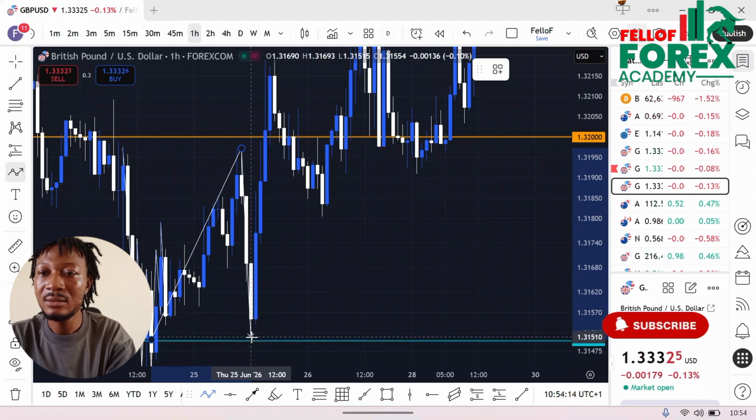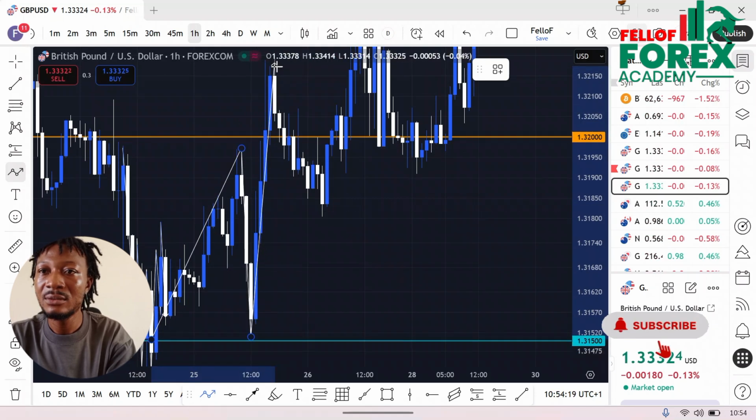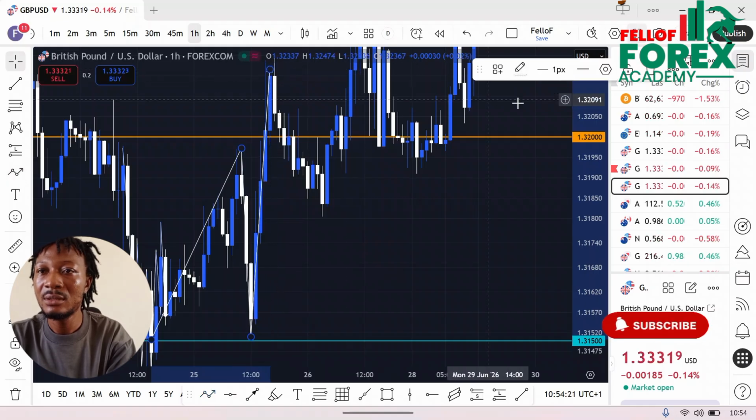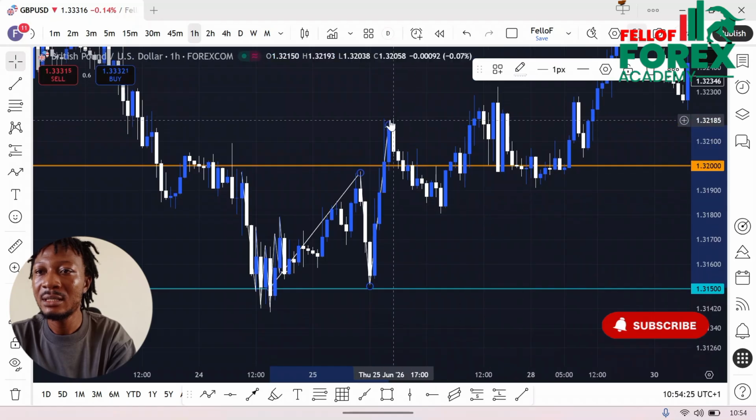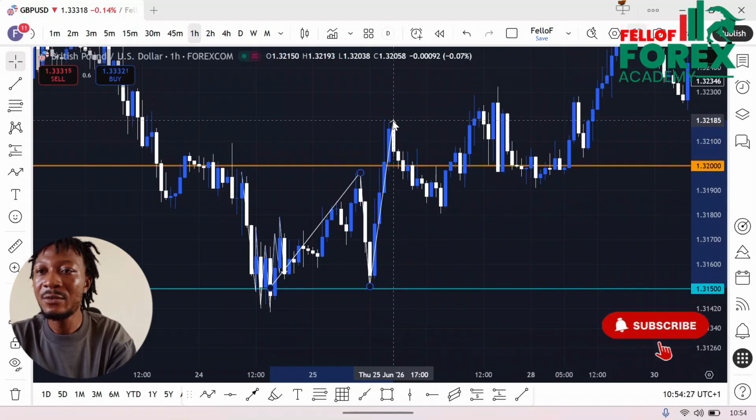Came back down and now gave us a break of structure. Let me make it usable, guys. Sorry. So price gave us a break of structure.